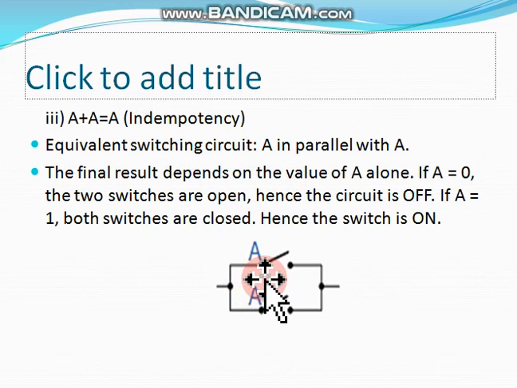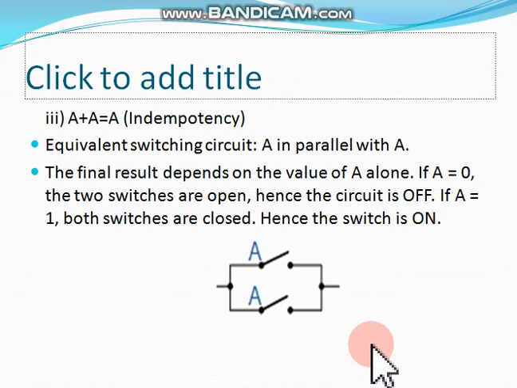So the final result depends on the value of A and A alone. If A is 0, the two switches are open, hence the circuit is off. And if A is 1, both switches will be closed here and here, and the bulb will be on. That's why it's called idempotency, which is the same thing that reflects when you go back to product laws.